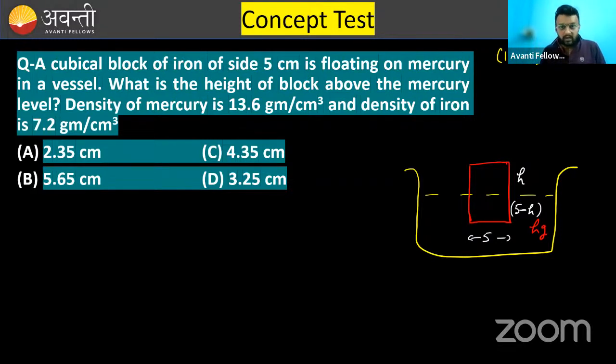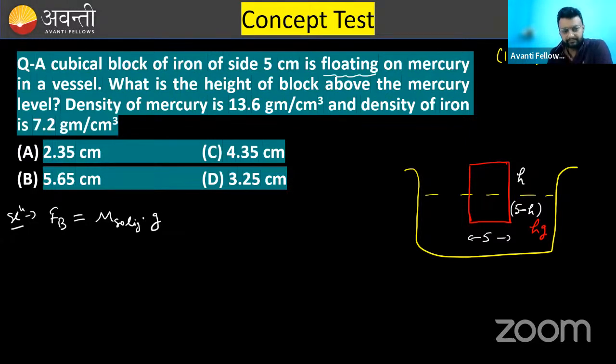Now, again, I have seen the term floating. Whenever I see the term floating, I will just apply the condition of equilibrium. So if I start with the solution, the buoyant force acting on it must be equal to the mass of the solid into g. No issue with that.